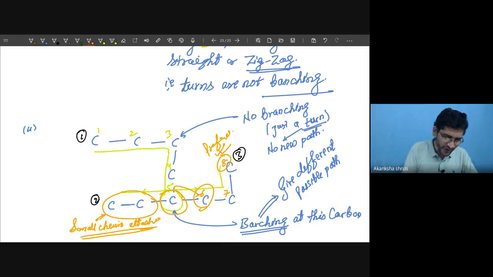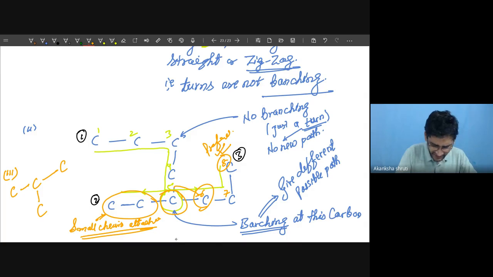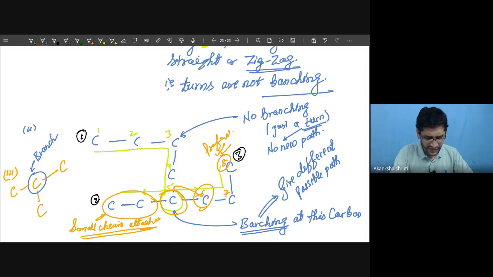But even if you are writing a smaller one, say the third one I am writing, say if I am writing like this, C, C, C, and another C itself here, whether it is a branching or not. Students, the interesting thing is, in this 4 carbon itself there is branching. So this is also the branching. Why? 1, 2, 3 terminals.